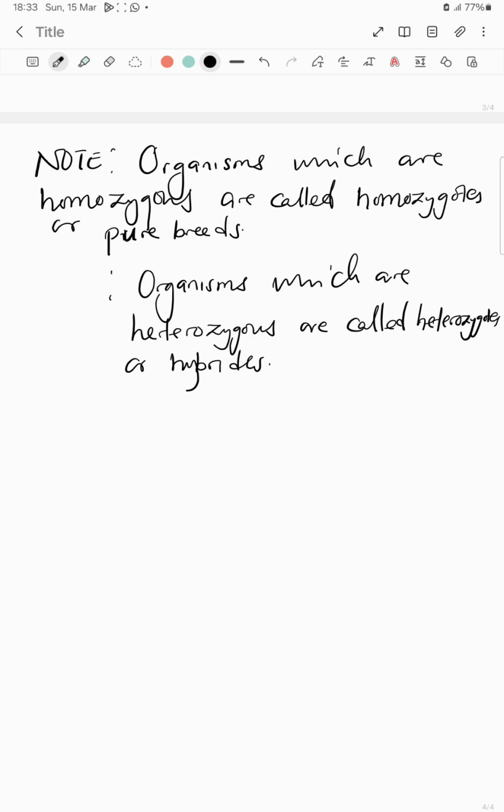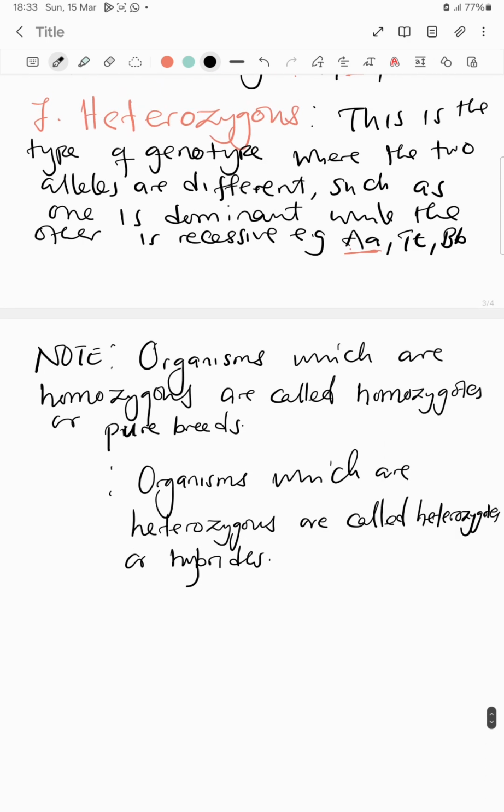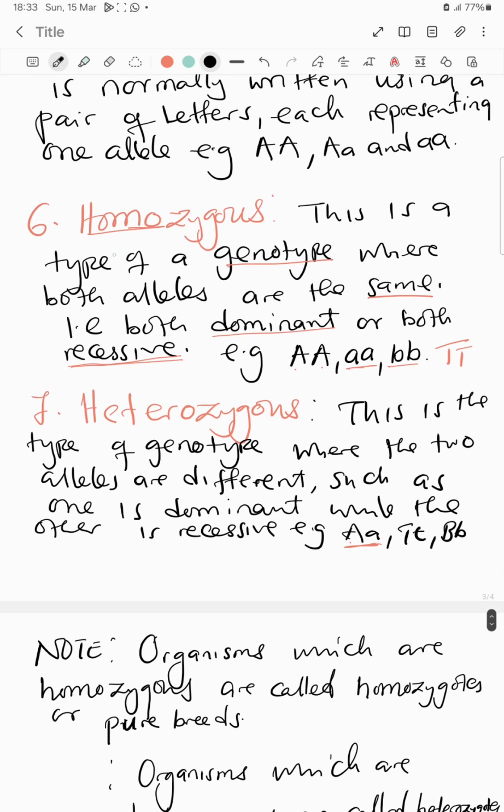Then organisms which are heterozygous are called heterozygotes or hybrids. Hetero means different. Homozygous is a type of genotype where both alleles are the same, that is both dominant or both recessive.